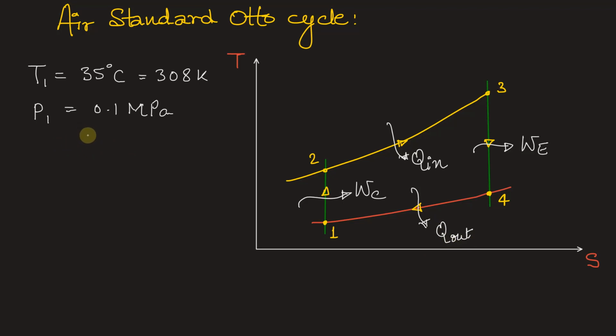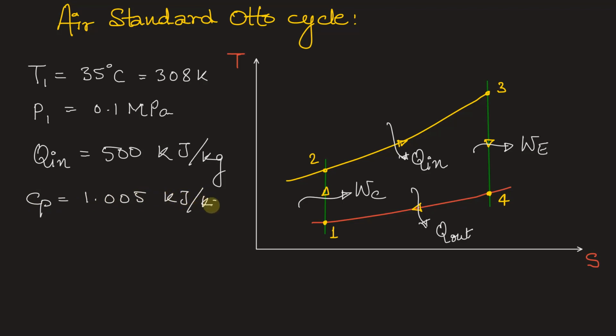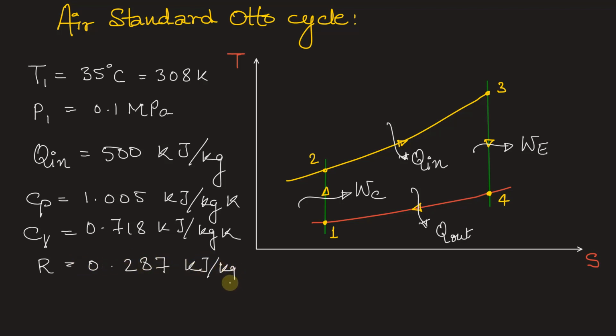Now in the problem it is also given Q in is equal to 500 kilojoule per kilogram, specific heat capacity at constant pressure is 1.005 kilojoule per kilogram Kelvin, specific heat capacity at constant volume is 0.718 kilojoule per kilogram Kelvin, and the gas constant R is 0.287 kilojoule per kg Kelvin.